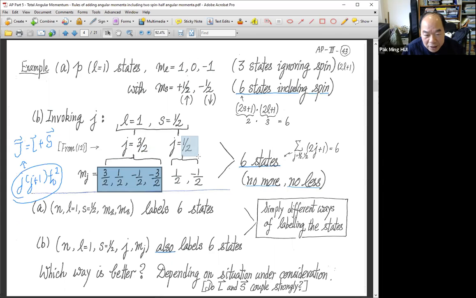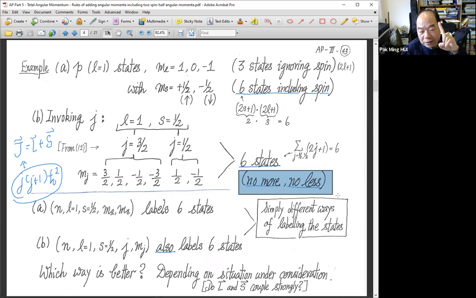Then I have J is half, under which there are 2 values of MJ. There are also 6 states. No more, no less. Accounting is correct. Okay? So at this level, at least, there is no contradiction.